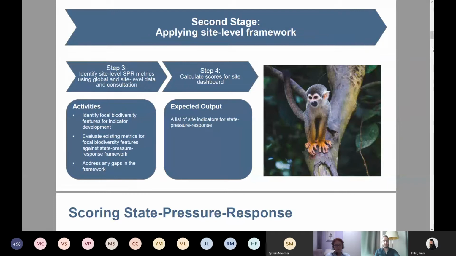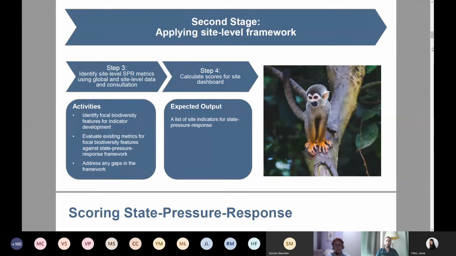So as part of stage 2, what we do is we look to identify what we call focal biodiversity features at that site. So what are the key elements of biodiversity that occur at that site that the company is likely to be impacting? And we review existing and available data to identify the state of those biodiversity features, the pressure the company is placing upon them, and the response the company is having to mitigate those impacts.